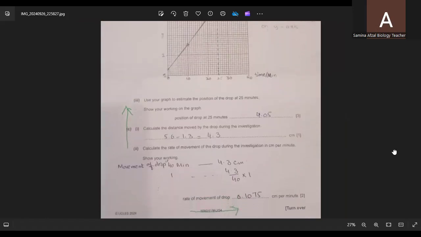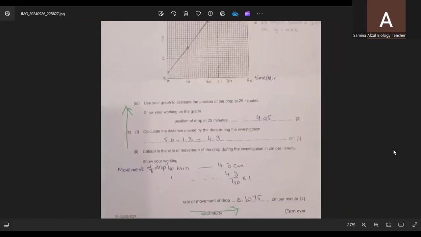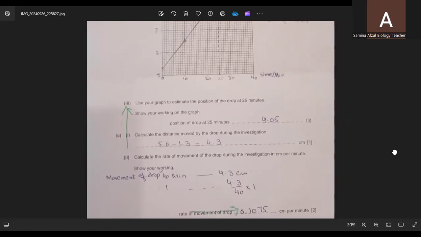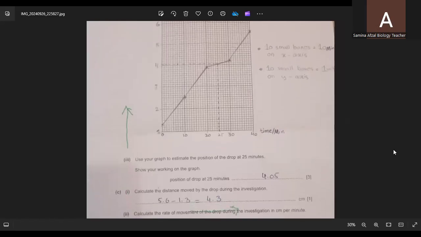Use your graph to estimate the position of the drop at 25 minutes. They have drawn points at 0, 10, 20, 30, and 40 minutes. Now they have asked to find the position of the drop at 25 minutes.